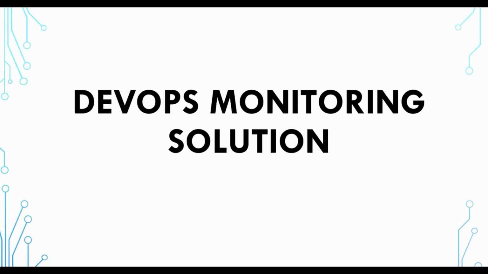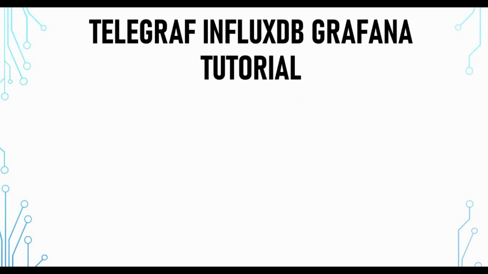So in my previous tutorials, we have already talked about a lot of videos on Grafana, Prometheus, Loki, and also InfluxDB. In one of the tutorials, we did the Grafana, InfluxDB, and Telegraf tutorial, where we used a CentOS machine, did the local installation of all these components, and set up the monitoring solution.